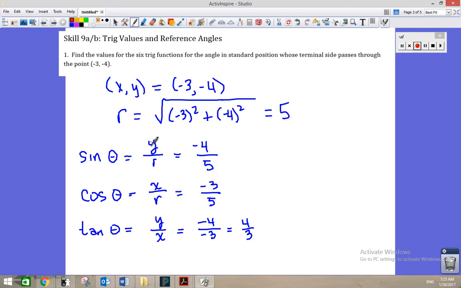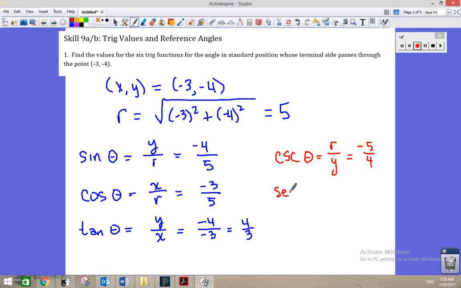We can get our other 3 trig ratios by taking the reciprocal, or again just using the definition. Normally I think in terms of the reciprocal rather than the definition, but the definition does say y over r, but we did have those reciprocal identities that describe the relationship between sine theta and cosecant theta. So cosecant is -5 over 4.